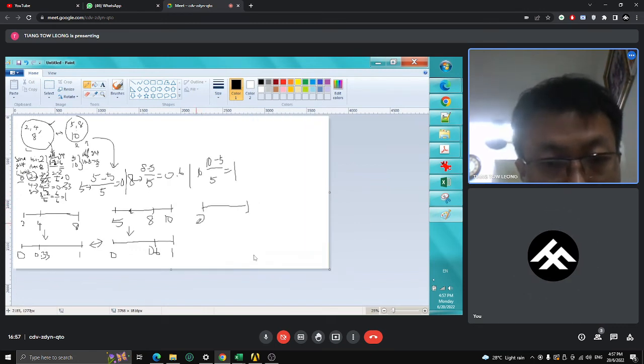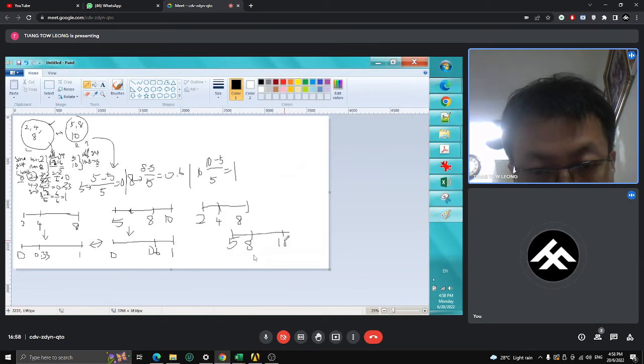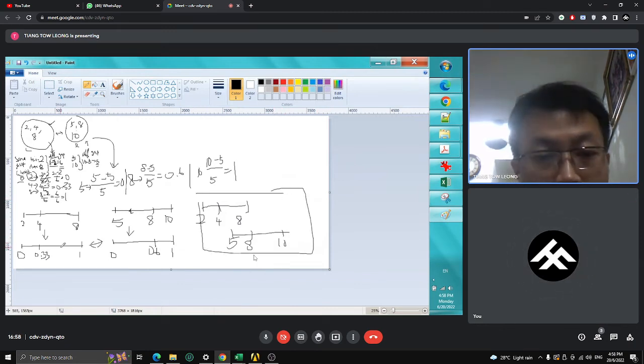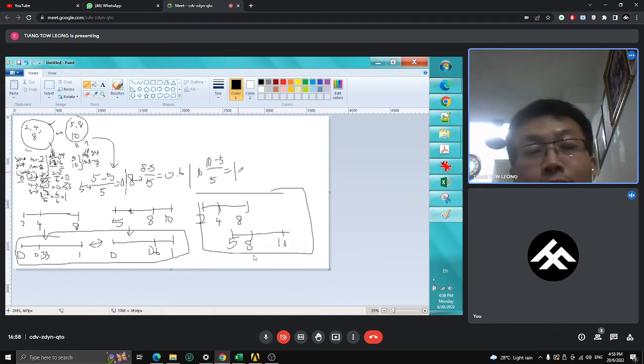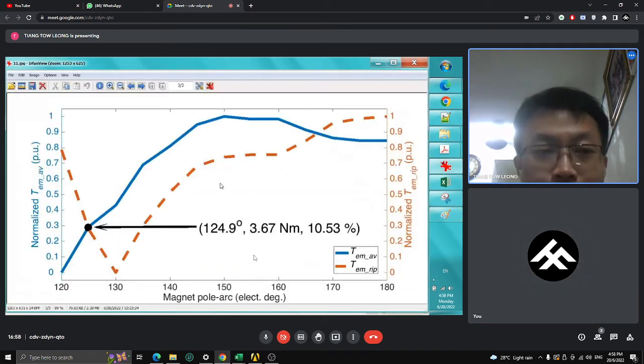For example, 2, 4, 8 and then we want to compare dengan 5, 8, 10. So we cannot compare, right? The only thing we can compare is 0 to 1 and 0 to 1. Boleh faham?